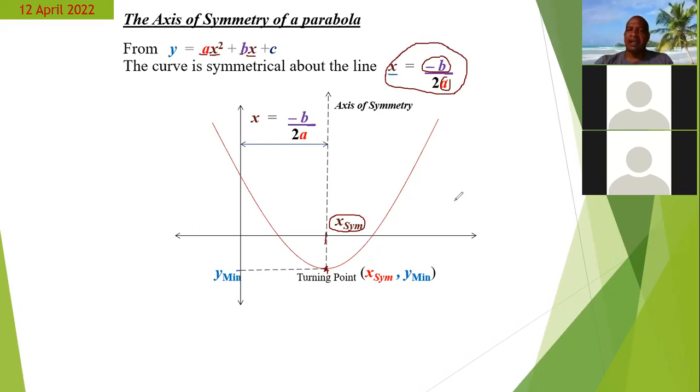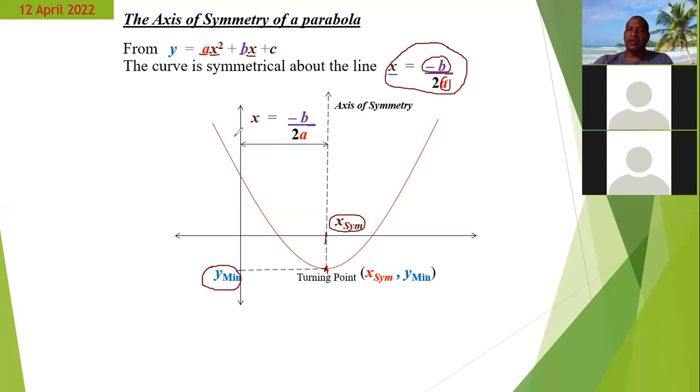All right. Now, once you know this X value, you know that the line of symmetry is going to come right down through that X value to the bottom of the parabola. Now, at the bottom of the parabola, if you go across, you will get a Y value known as the minimum value. Now, if the parabola was turned the other way around and shaped like a mountain, you would look for the Y value at the top of the curve.